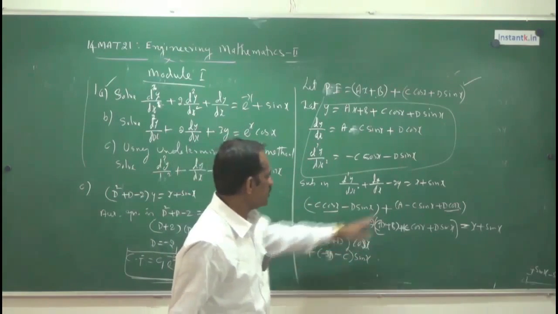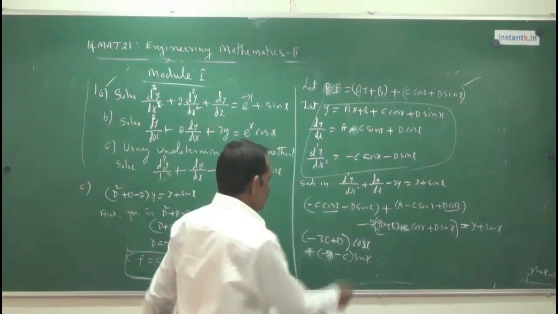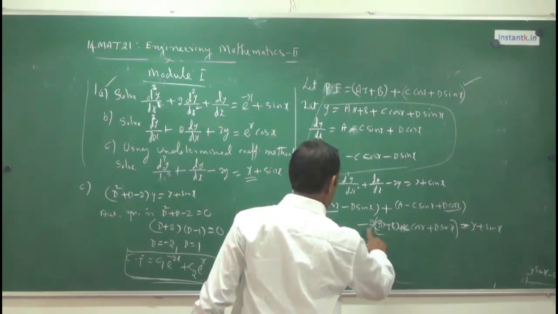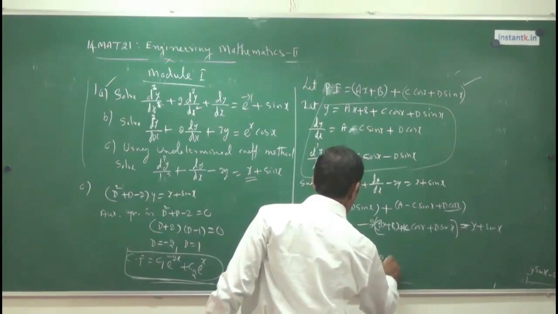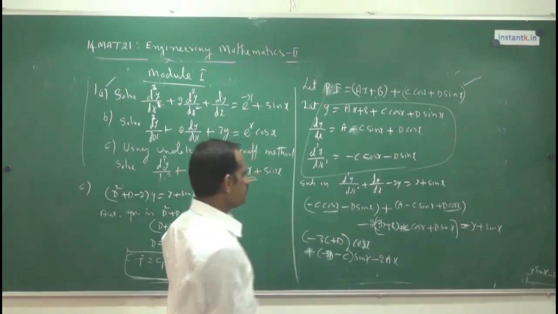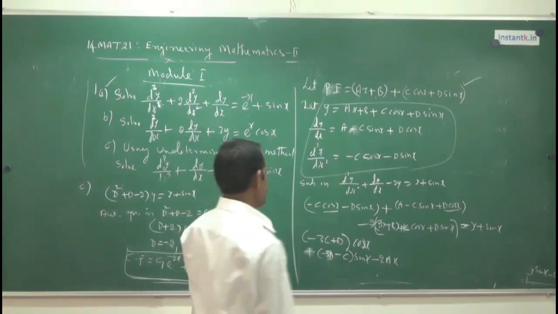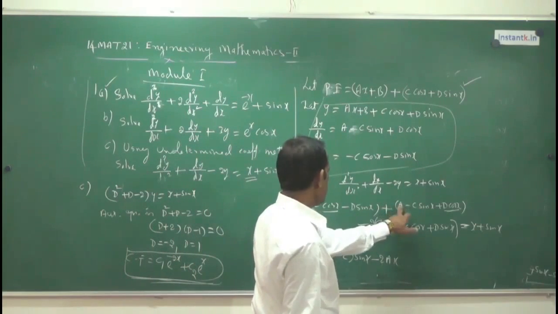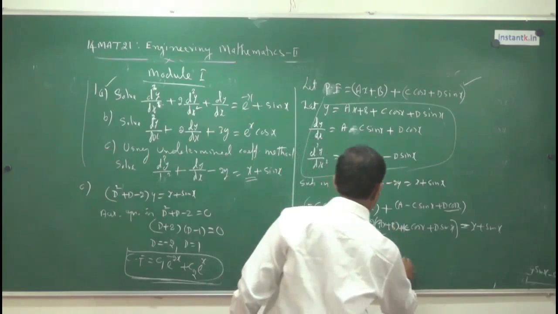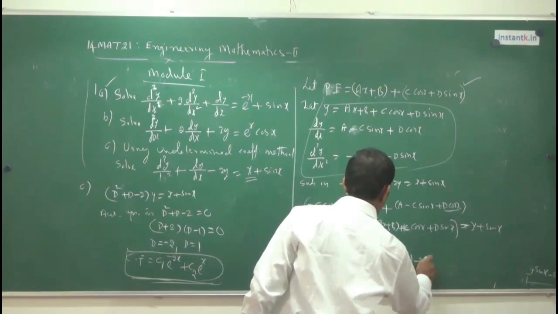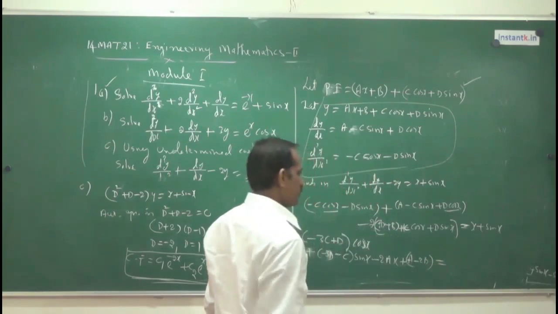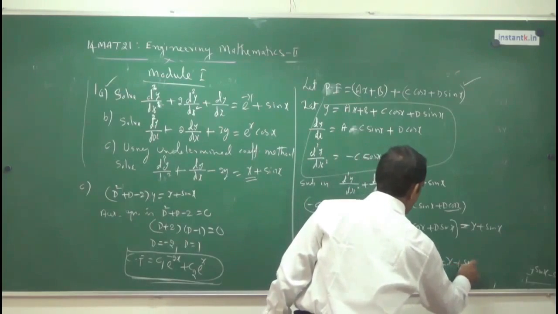Next, x function terms. Here only one x term, it's minus 2ax, that's all. Next, all constant terms. Here a is there, here minus 2b. So a minus 2b. This much is equal to x plus sin x.